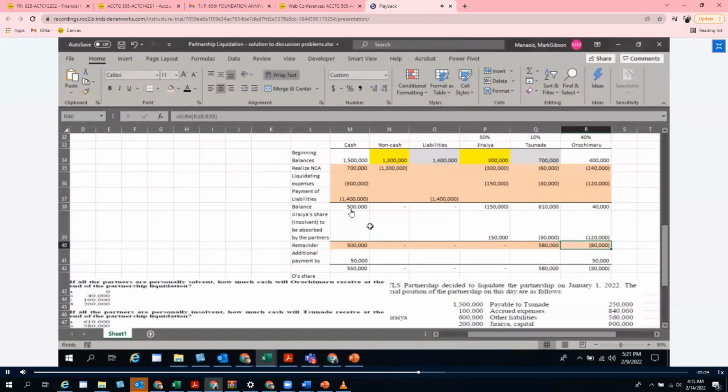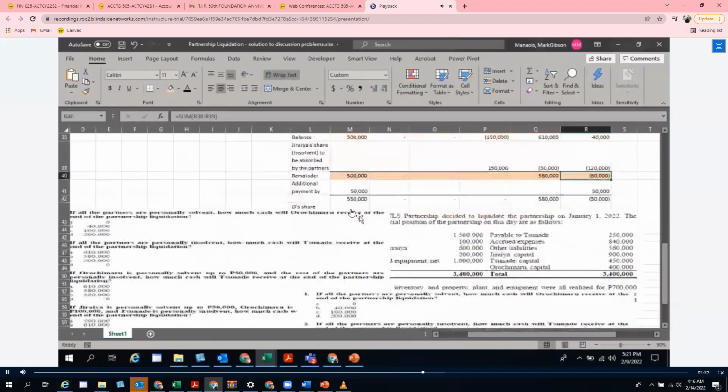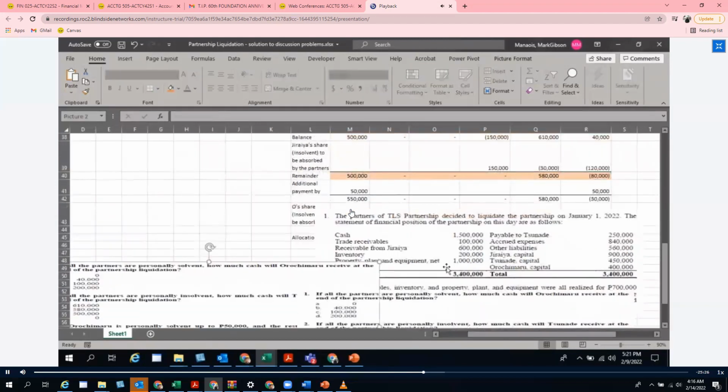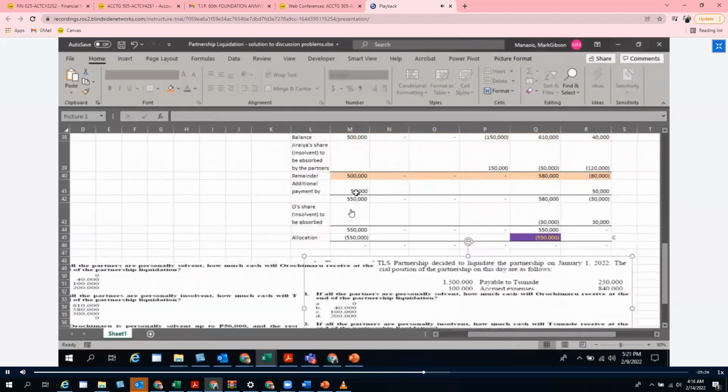O class, dito na yung medyo tricky part. Remember, si Orochimaru, he is personally solvent up to 50,000 pesos. So therefore, Orochimaru can still contribute additional payment to the partnership amounting to 50,000 pesos. Mabait si Orochimaru, so disclose nga that he still has the capacity to pay, but up to 50,000 pesos lang. So in that case, let's plot the payment made by Orochimaru.